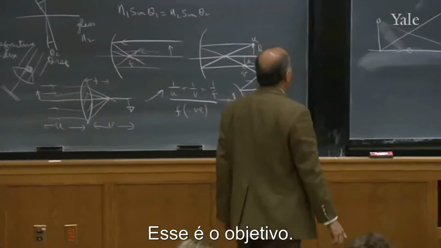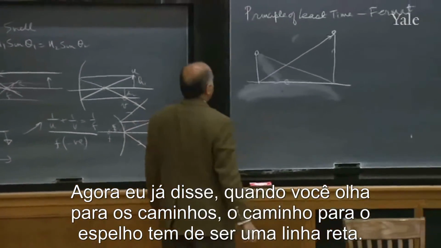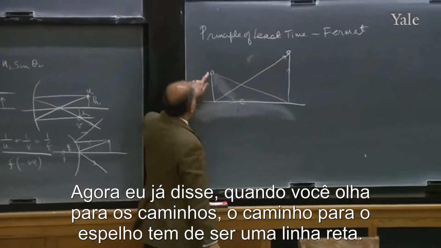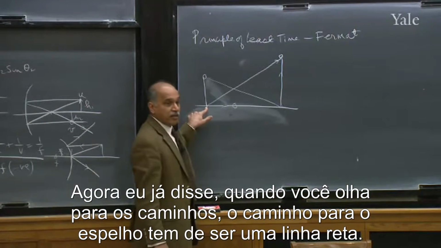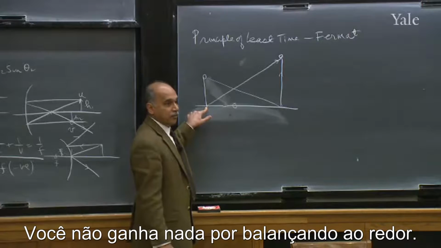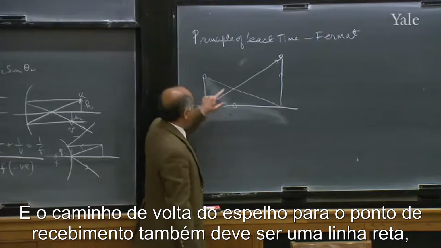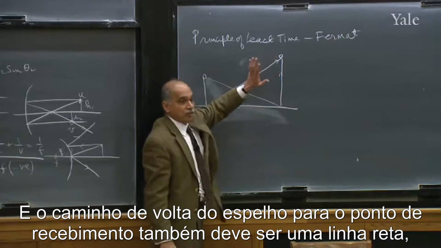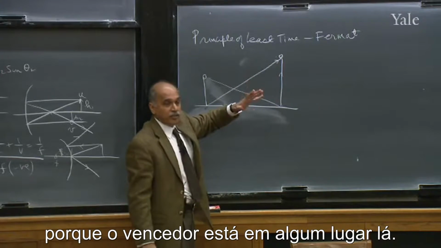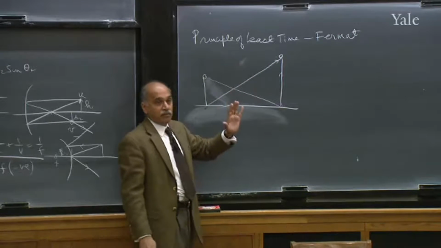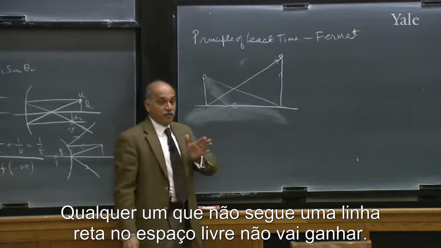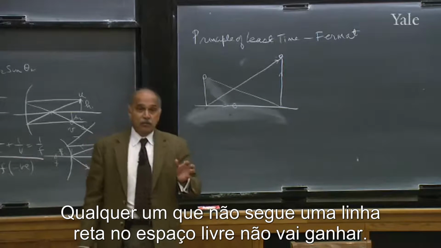That's the goal. Now, I already said, when you look at paths, the path to the mirror has got to be a straight line. You gain nothing by wiggling around. And the path back from the mirror to the receiving point should also be a straight line. Anybody who doesn't follow a straight line in free space is not going to win.